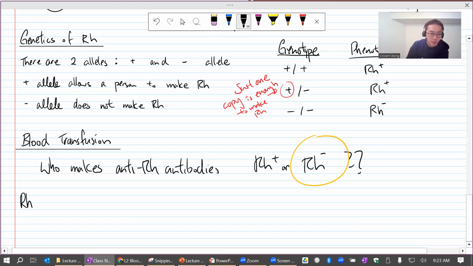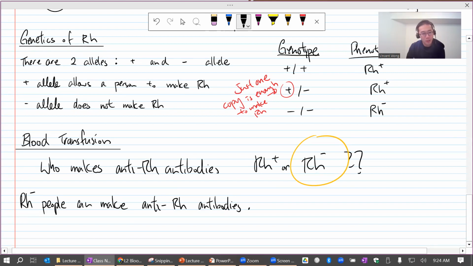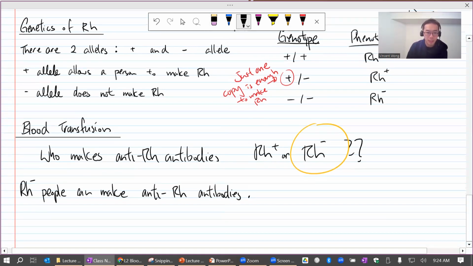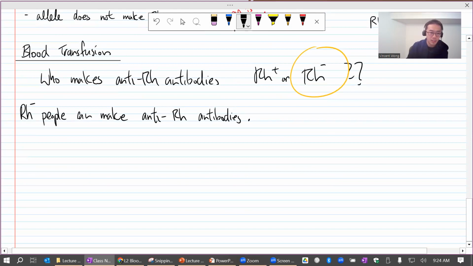So Rh negative people can make anti-Rh antibodies. Okay. There's a little catch here, an important catch, but we will come back to it in a bit. Okay, for now, that's just it.